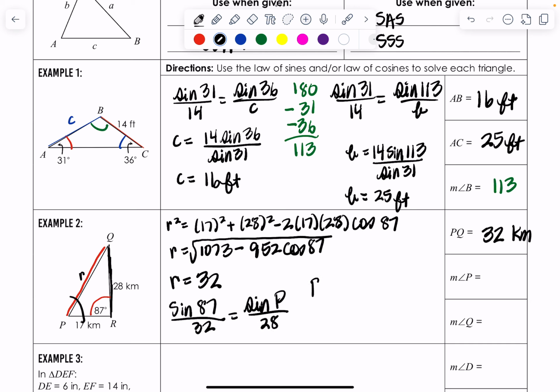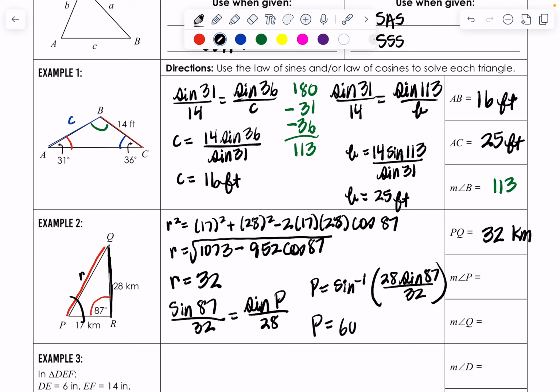So P would be the inverse sine of, remember we're cross multiplying and solving here, and if we plug all that in and round to the nearest tenth, we get 60.9.